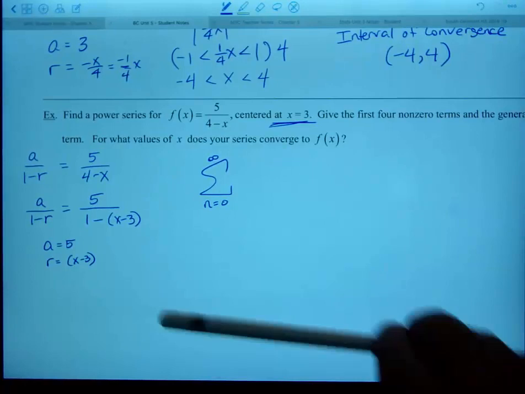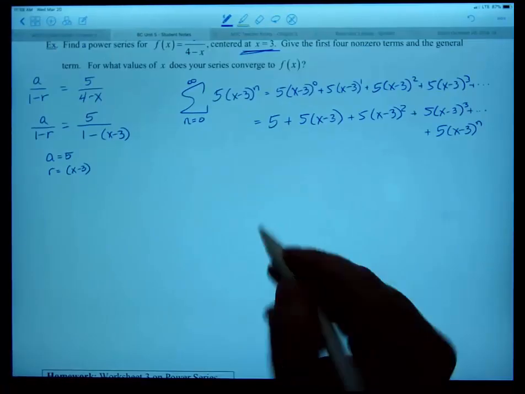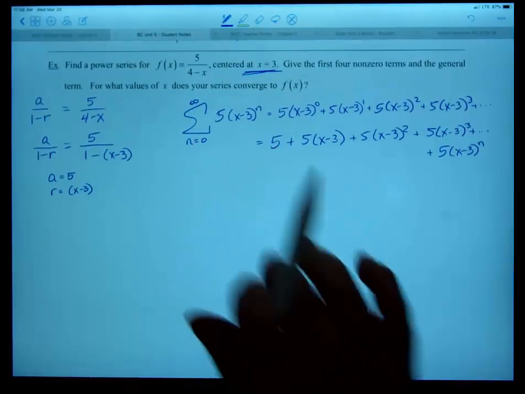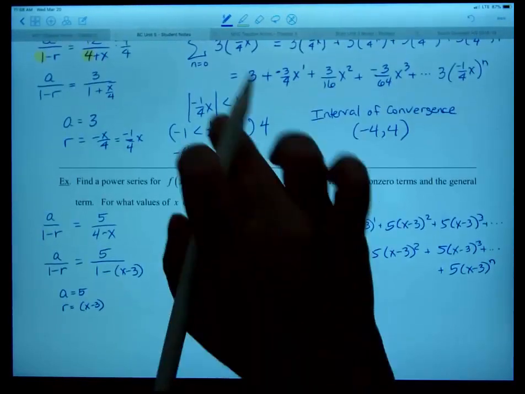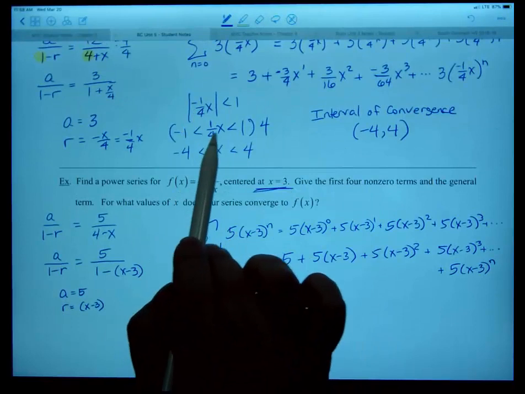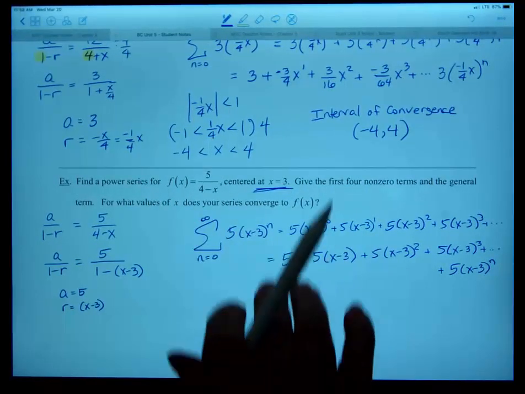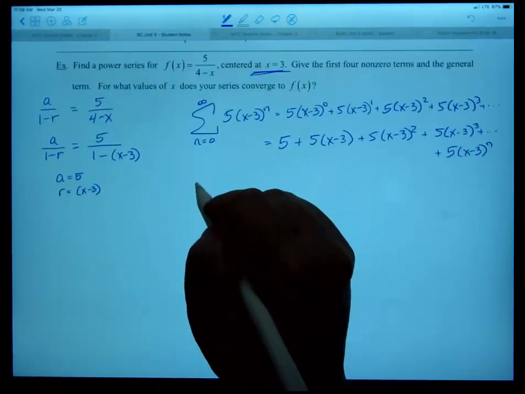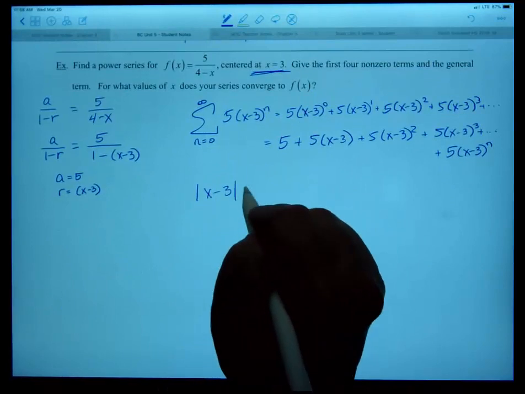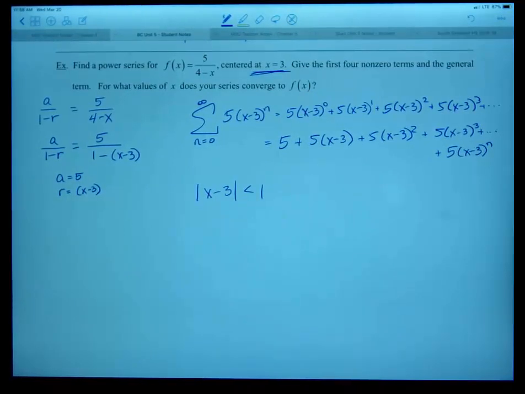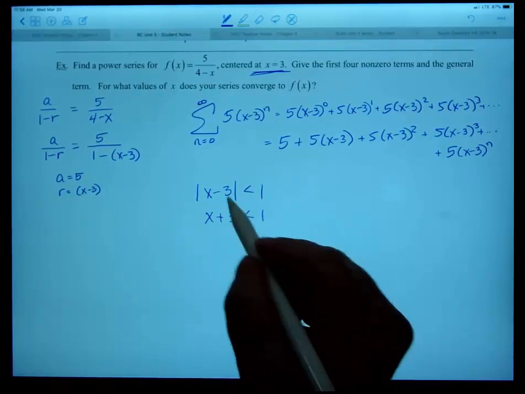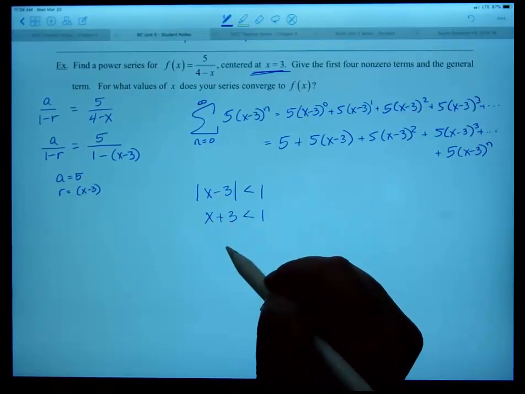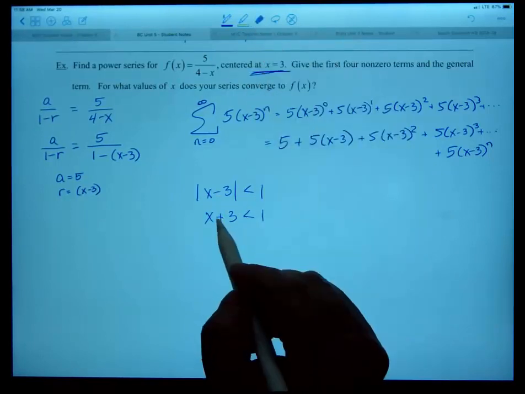You can do it. So most of you should be finished with this by now, but I do want to talk about the radius of convergence. On the previous problem, when we had the negative in the absolute value, we took it out and made it positive. But there may be some of you in here that think that you can do the same thing with this one, and you can't. This is not x plus 3 is less than 1. You cannot change this minus 3 to a plus 3. You have to leave it as a minus.